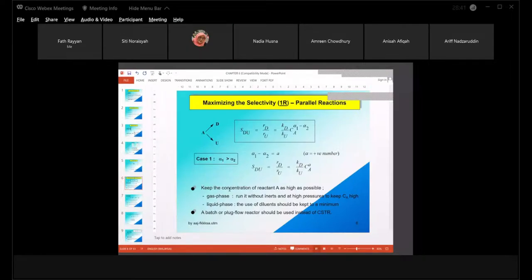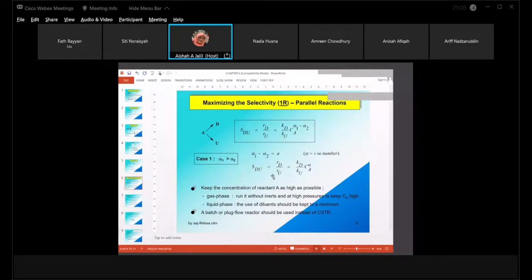Okay. So if you are okay, just look at this equation. You want to maximize the selectivity, so you want to maximize the SDU, the selectivity of desired product over undesired product. So how to maximize this one?